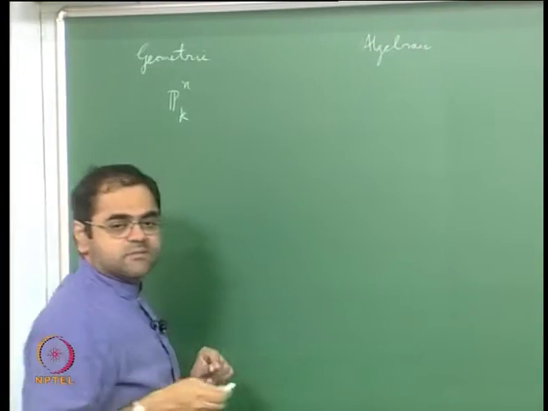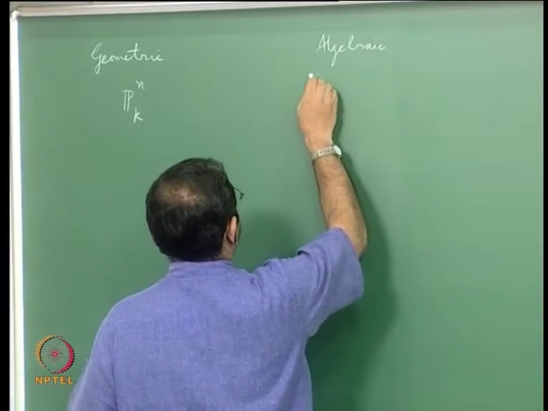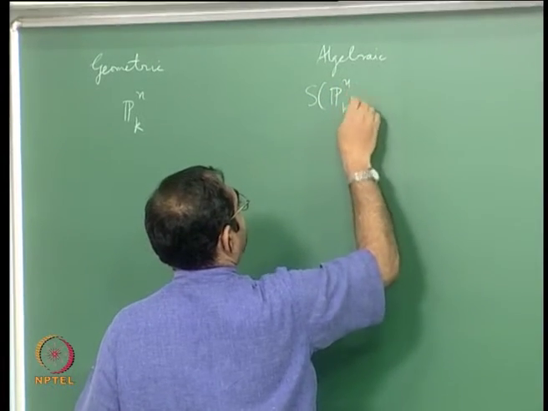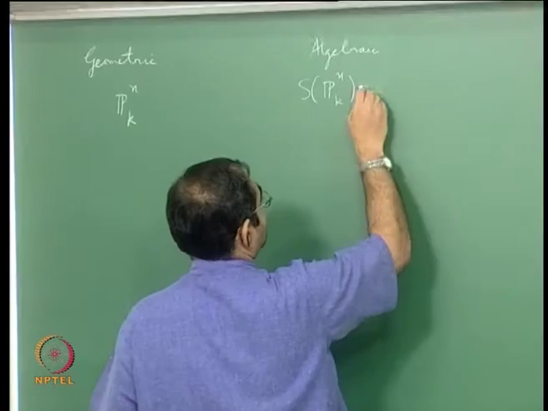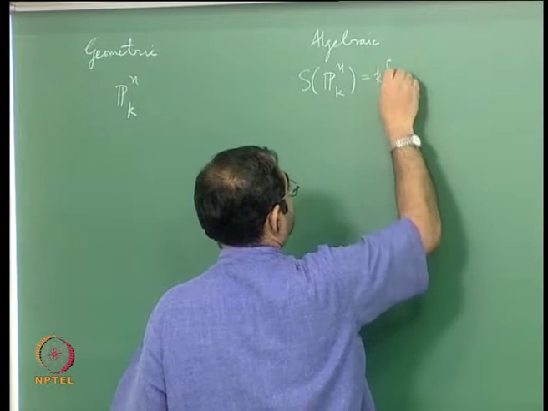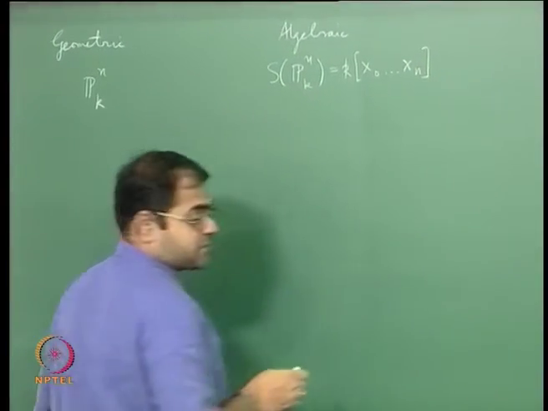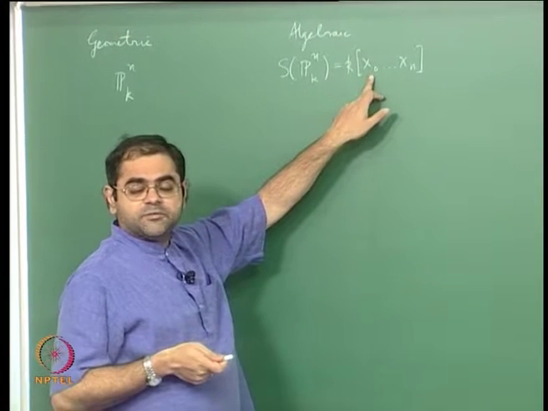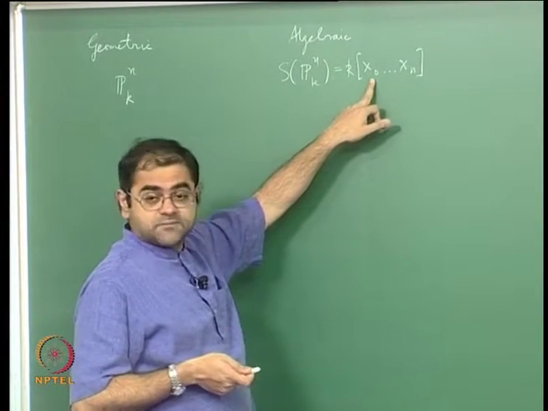This is a picture very similar to the affine case. On the algebraic side you take the so called homogeneous coordinate ring of this projective n-space, which is defined to be the ring of polynomials in n+1 variables, and it is customary to start the indexing of the variables from 0.